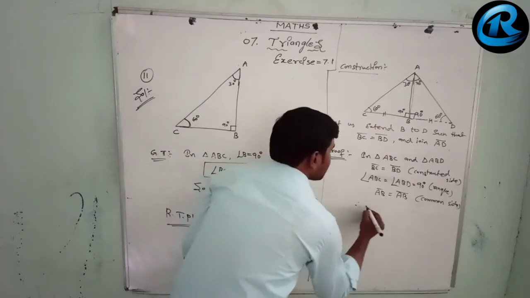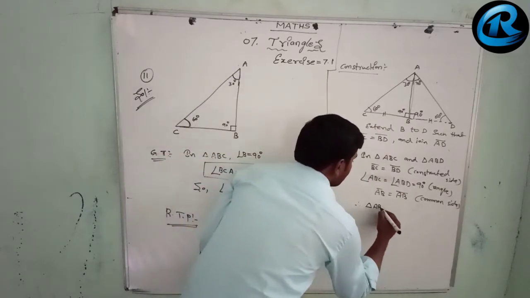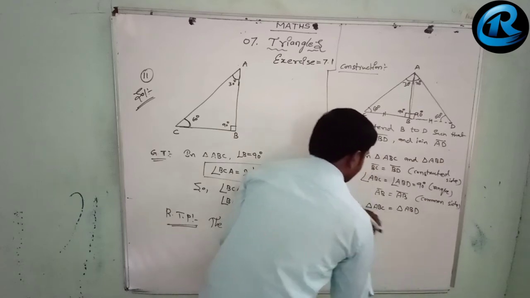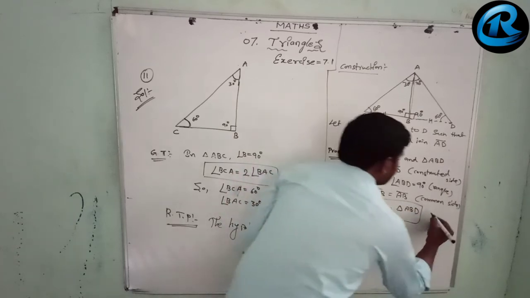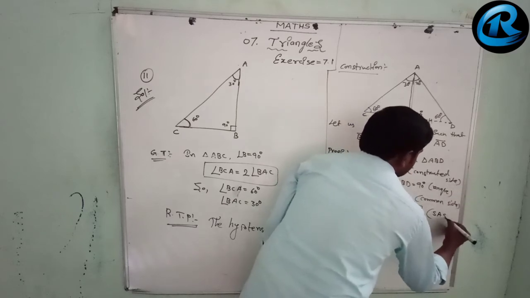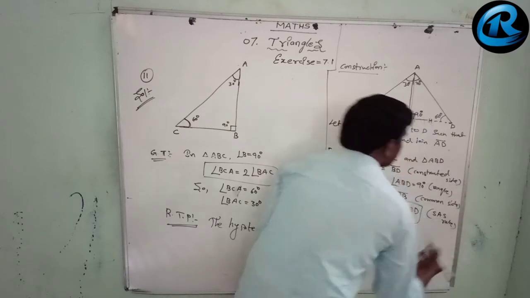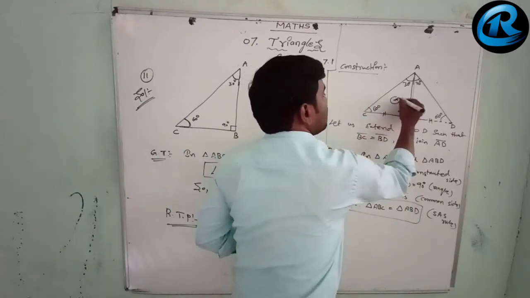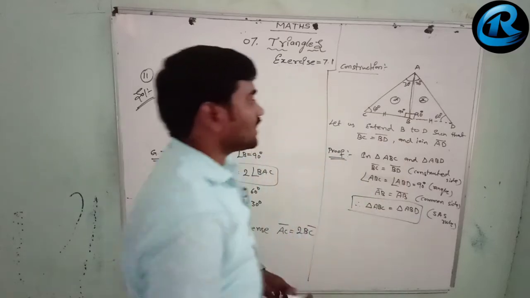Now we can write triangle ABC is congruent to triangle ABD. By the side angle side rule, these two triangles are congruent.